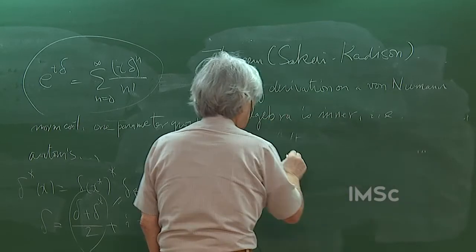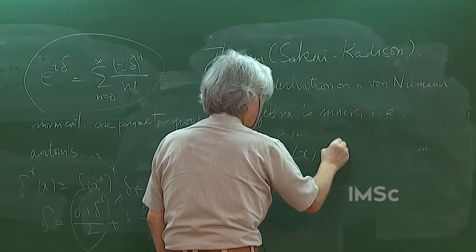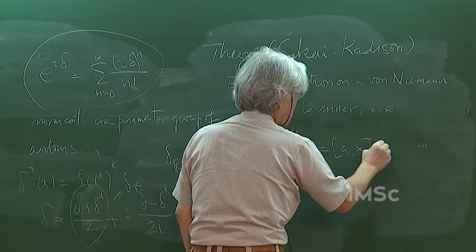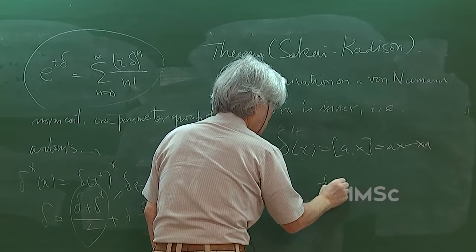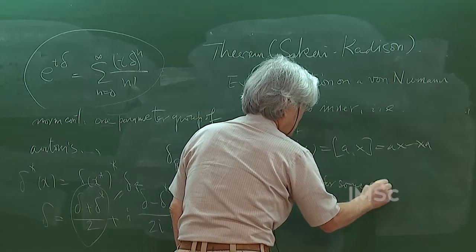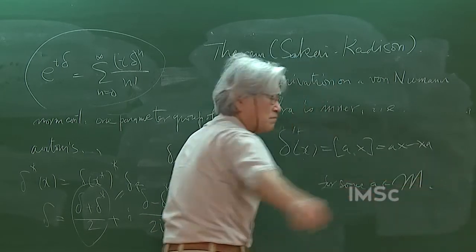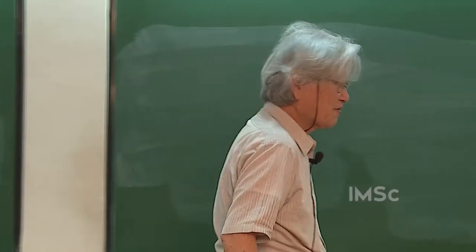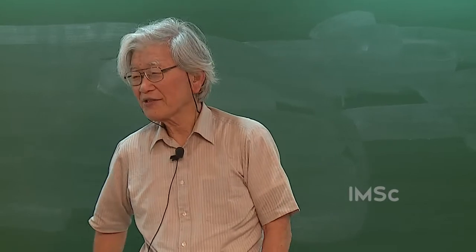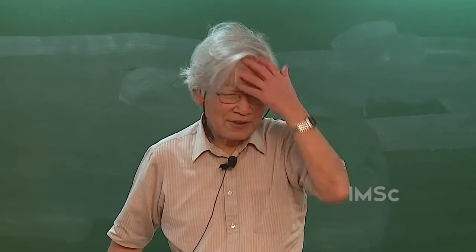I.e. delta of x equals ax minus xa for some a in M. Okay, this is a beautiful theorem, a triumph of the early 60s in operator algebra.